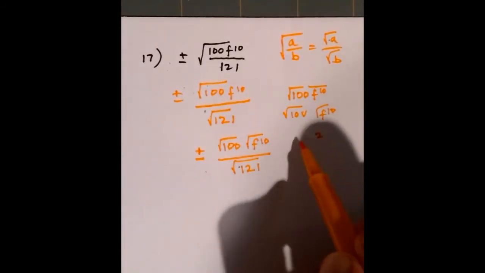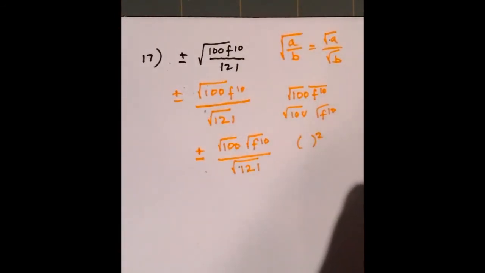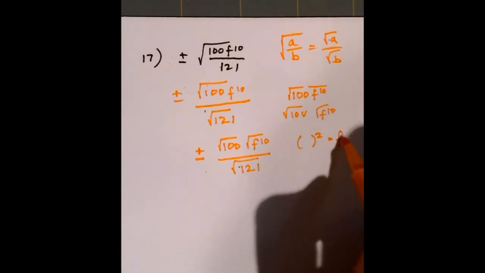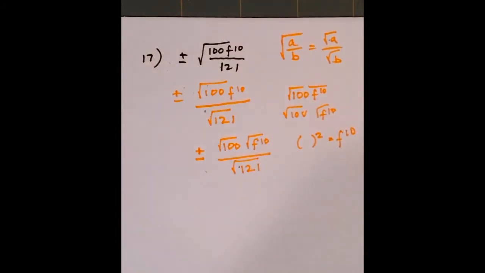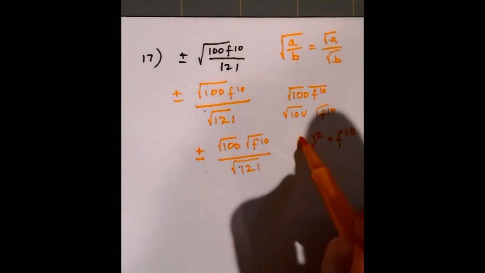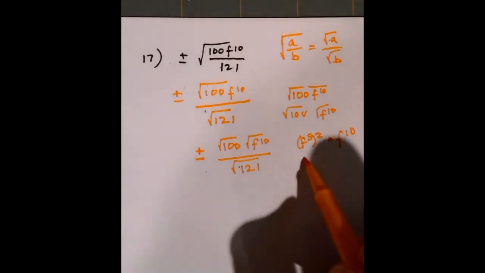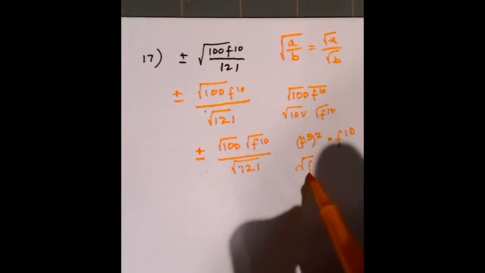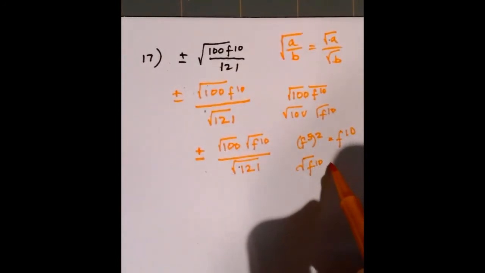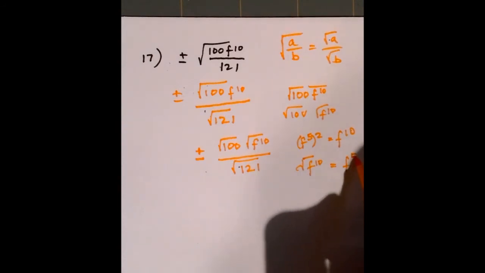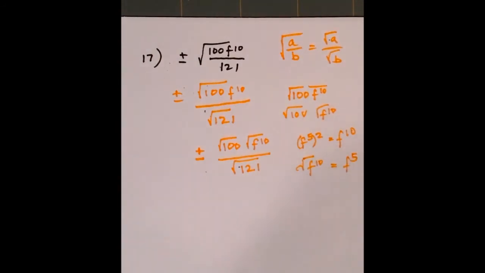What number squared is going to equal f to the 10th? Okay? And the answer is f to the 5th, which means that the square root of f to the 10th is equal to f to the 5th. Okay?